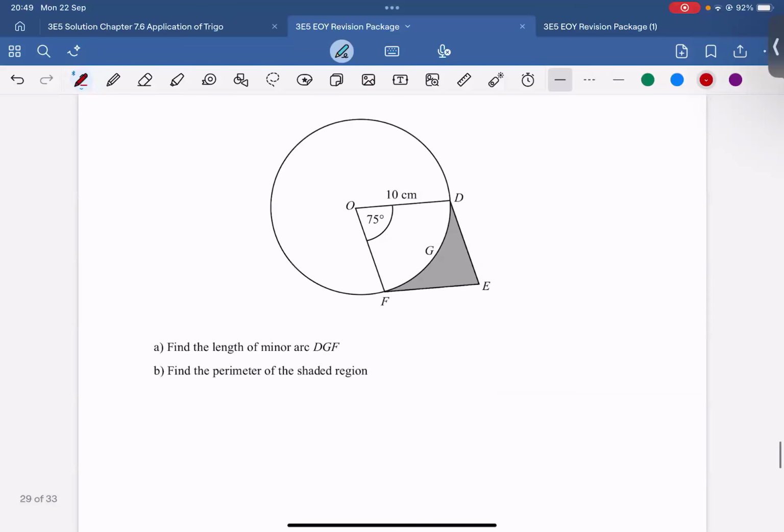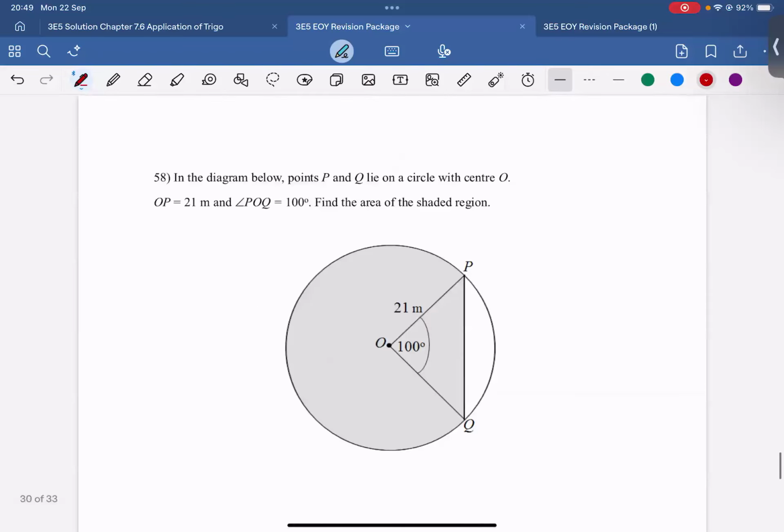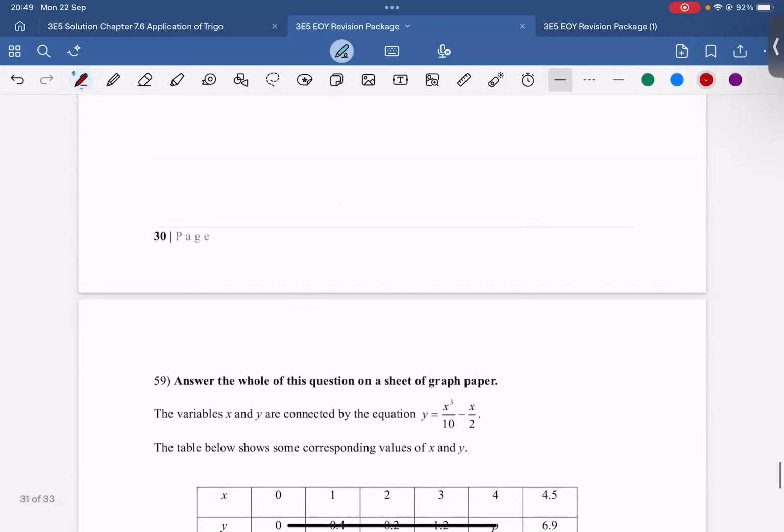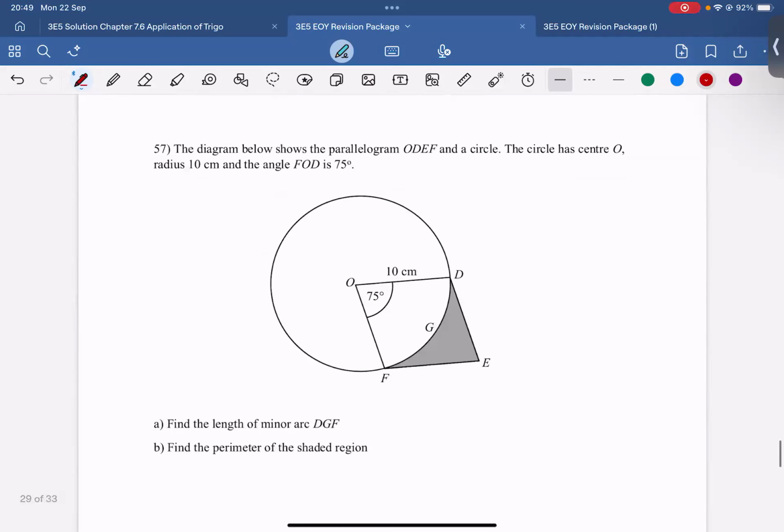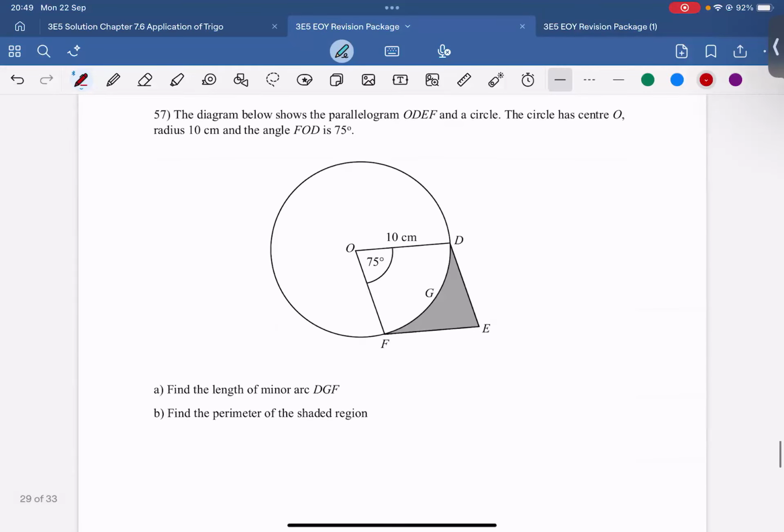Okay, finally, sector and arc length. Just 3 more. Okay, 57. So we just need to have 2 formulas, right? Sector area. Basically, sector area is part of a circle.